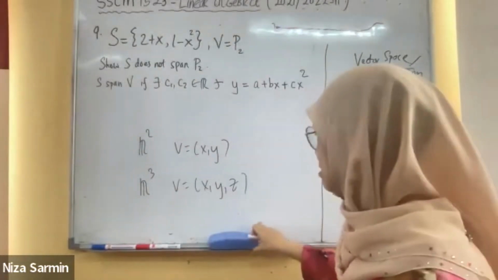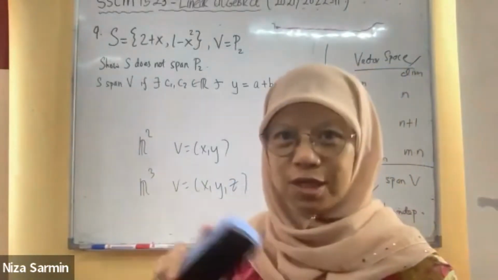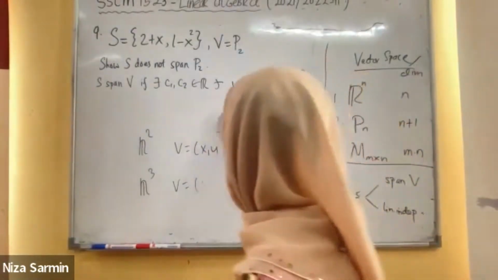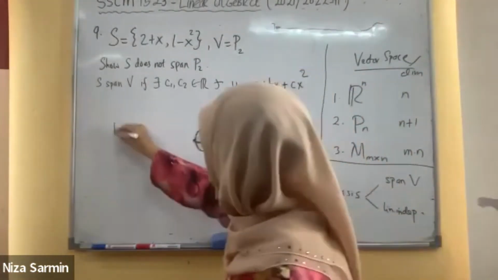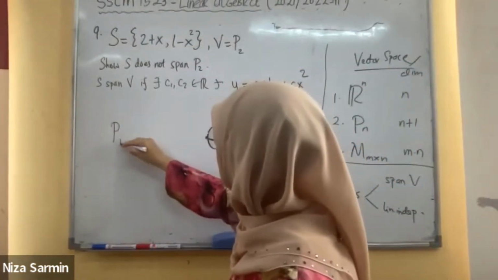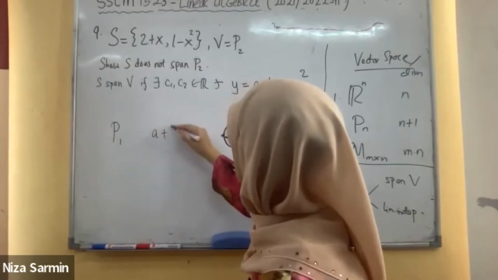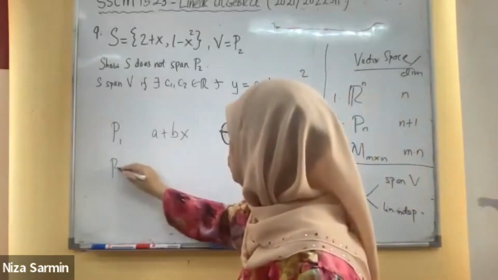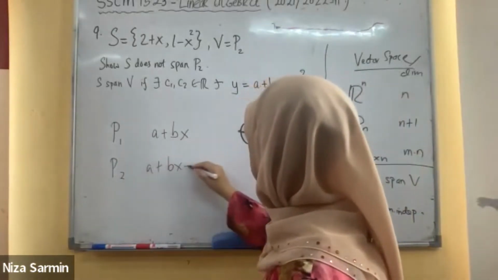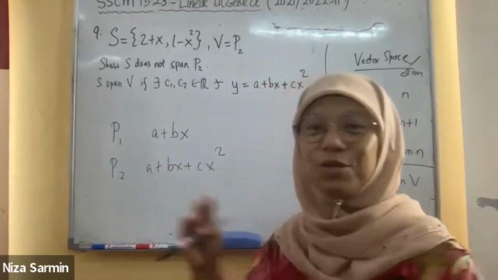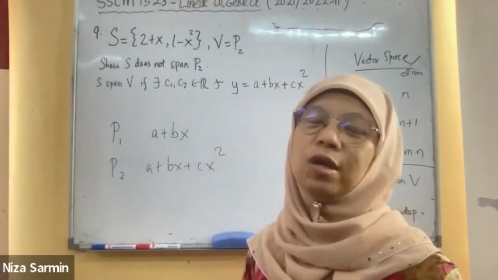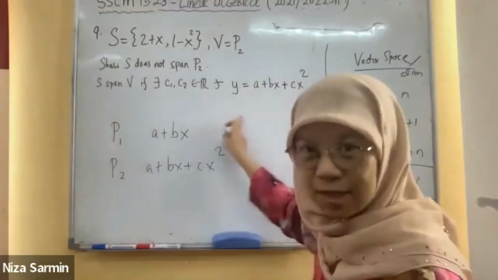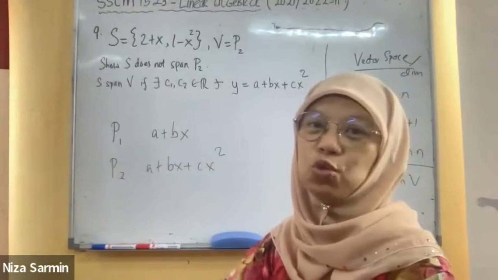Polynomial, after this, you go through the notes and you see how I can get this y as this. For polynomial P1, it will be A plus bx. For P2, A plus bx plus cx squared, and so on. Okay, that is your y or your v. Because if you fail to write this, then you cannot transfer into a matrix and solve.